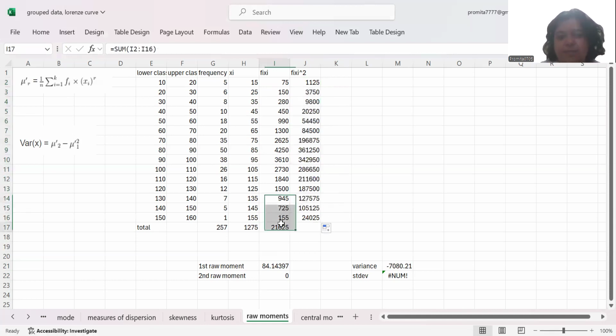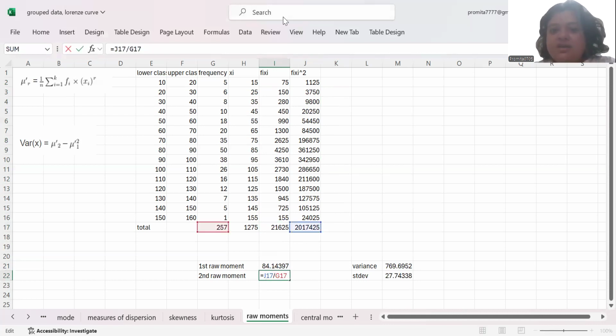Then we drag and drop and we find the total of the whole thing. So this is my summation fi xi squared. So my second raw moment will be nothing but summation fi xi squared divided by the total frequency, and it is this, 7849 minus 903.